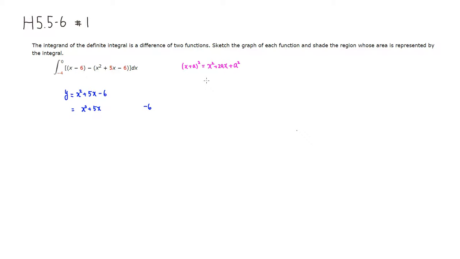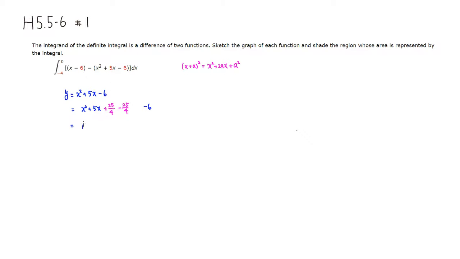In this case, the coefficient is 5, so divide by 2 to get 5 over 2, and square that. So the number you need is 25 over 4. Then I'm going to subtract the 25 over 4 so that we don't change anything.